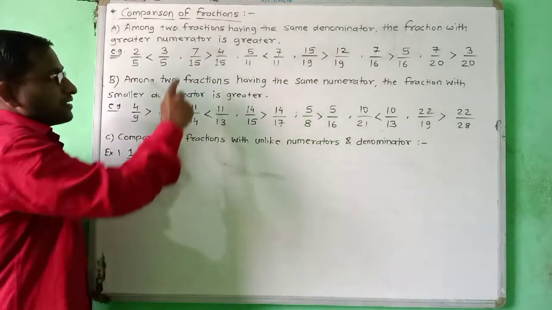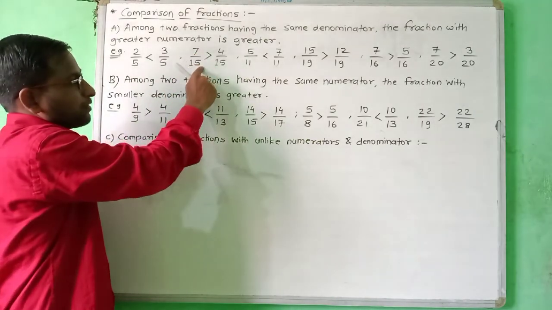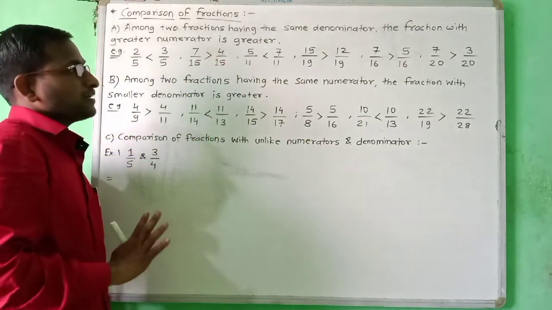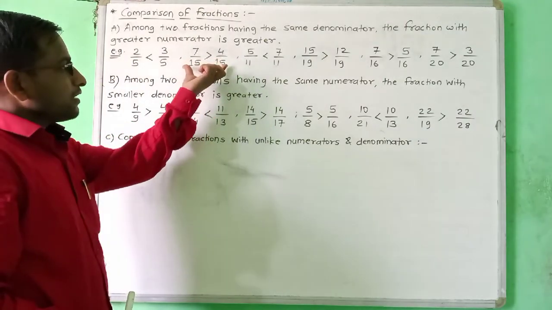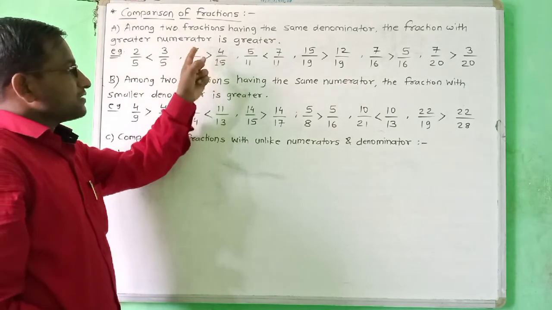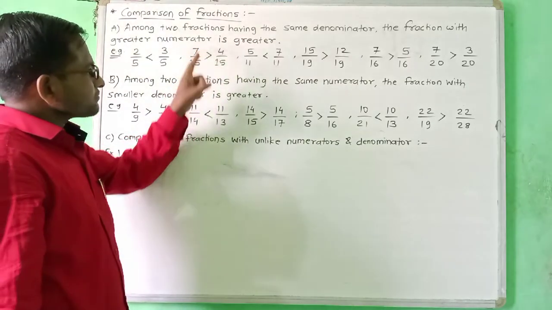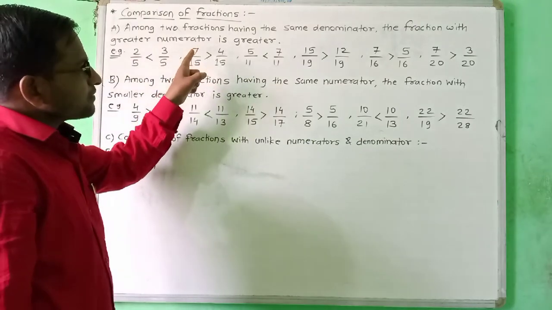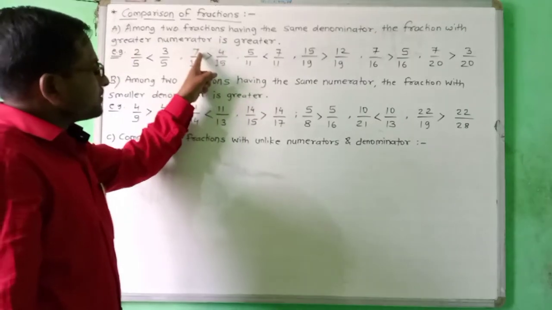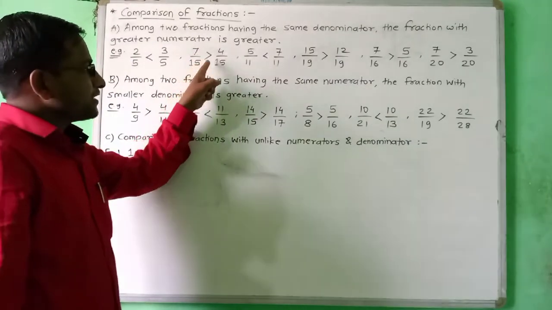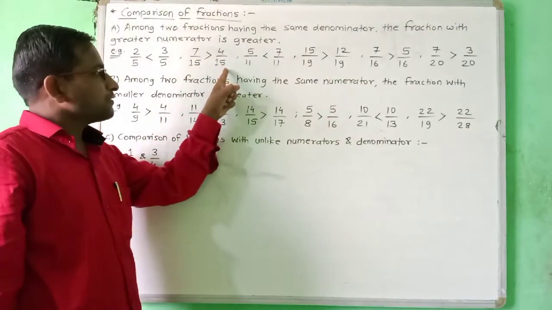In this way. In the second example, 7 upon 15 and 4 upon 15. Which fraction has the greater numerator? 7. So 7 upon 15 is greater than 4 upon 15.